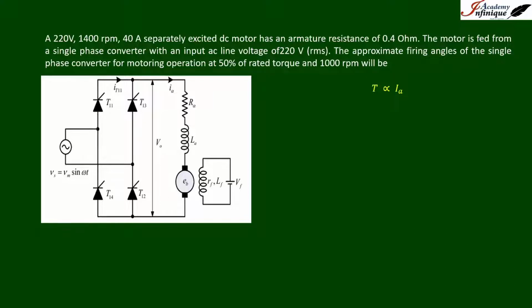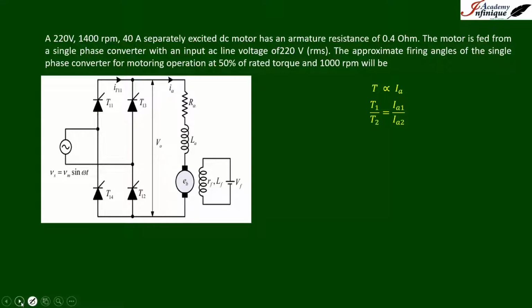First of all, it is a separately excited DC motor, so the torque is directly proportional to armature current. So it is expressed as T proportional to Ia. From this relation, it can be written that T1 by T2 equals Ia1 by Ia2.